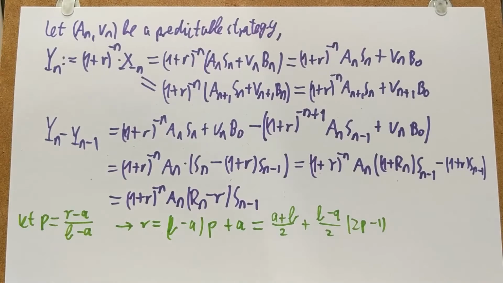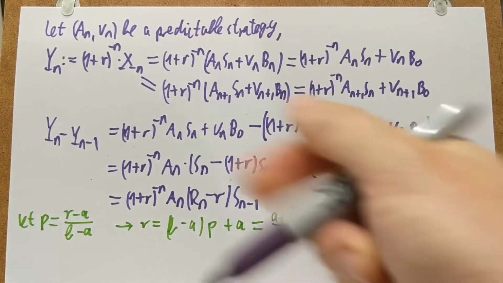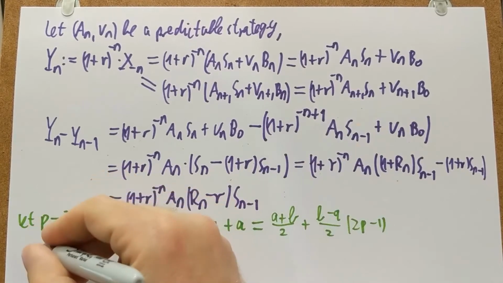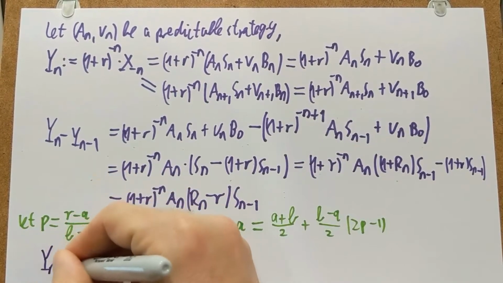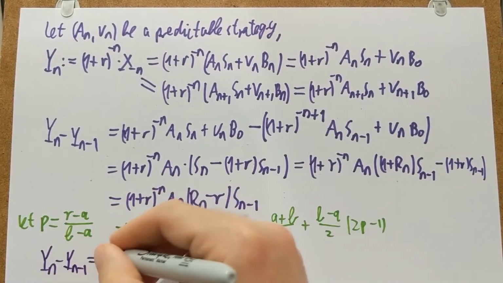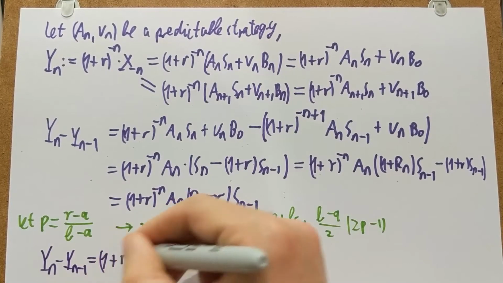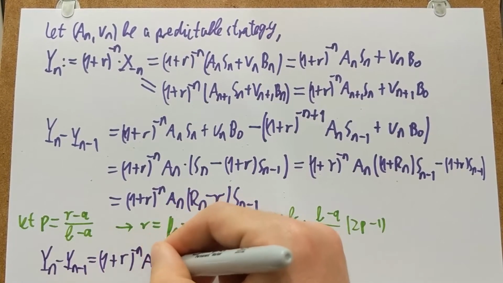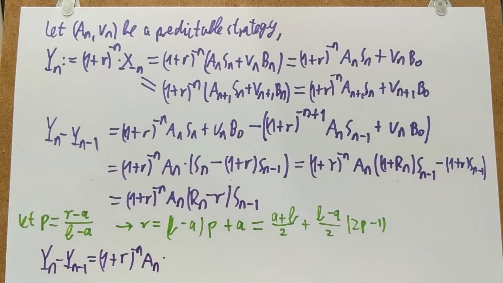Okay, and if we have that, then the next thing I want to do is plug that in the formula for yn minus yn minus 1. So 1 plus r to the minus n, an, and then rn minus r.